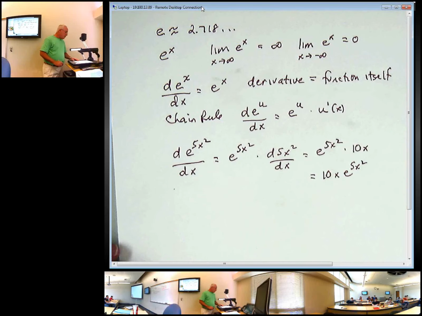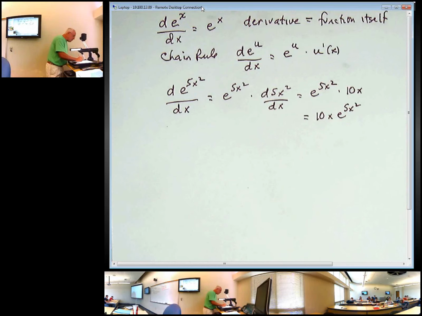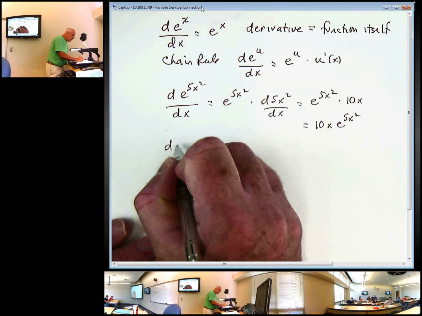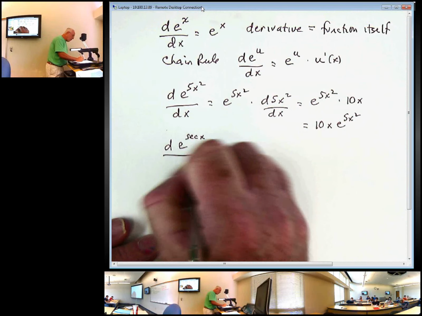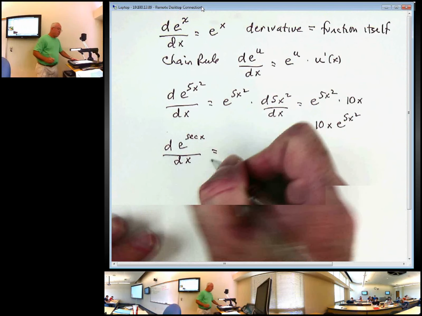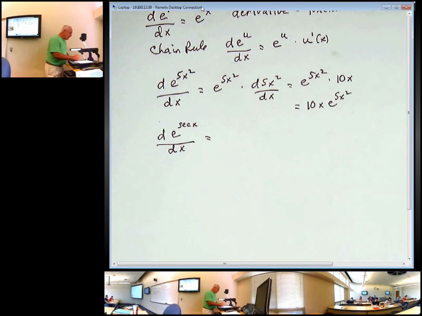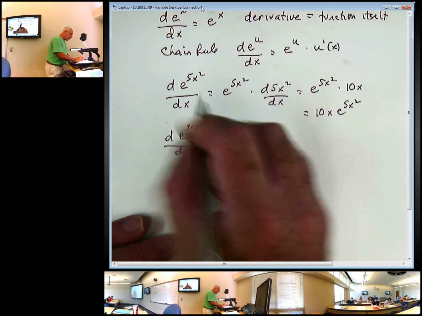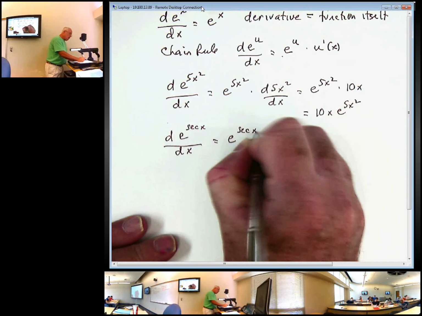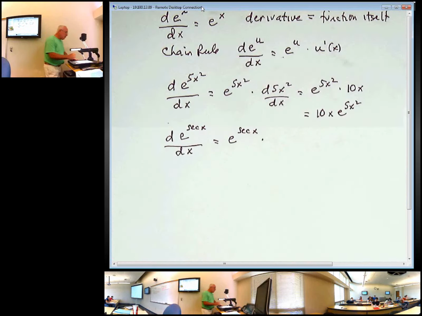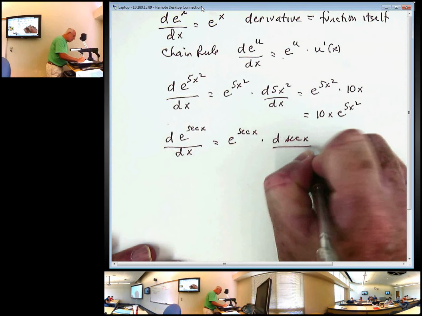All right, let's look at another example then of the derivative of e to the secant of x. All right. So with this, it's going to again repeat e to the u power, so that's e to the secant of x. But then with the chain rule, we then have to multiply by the derivative of the secant of x.